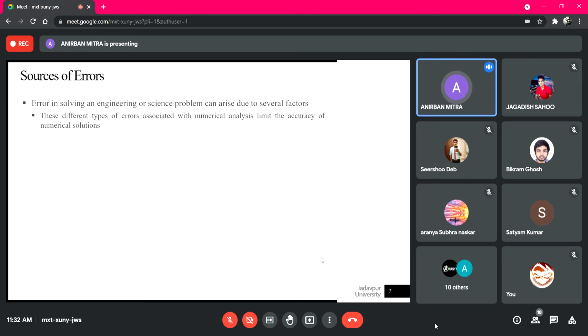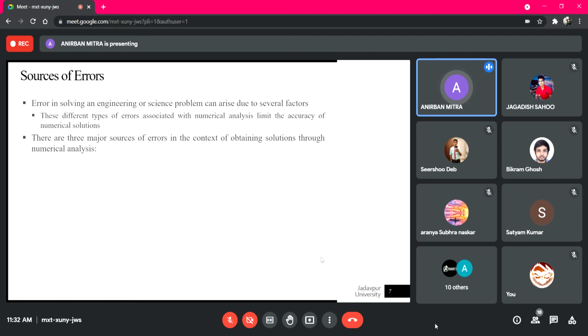So they have the same effect. Although they are arising from different sources, different origins, they have the same effect on the solution. They put that solution away from the accurate value, the exact value. So it limits the accuracy of the numerical solutions.